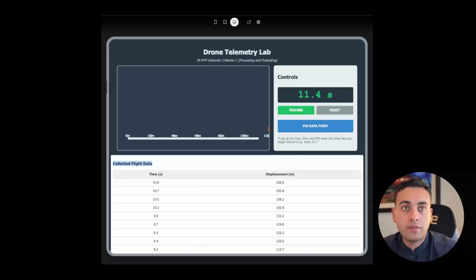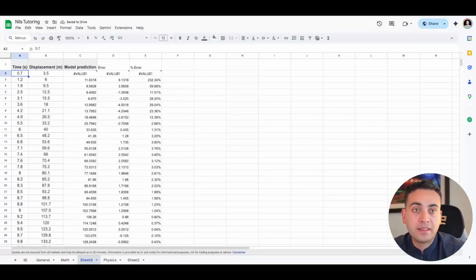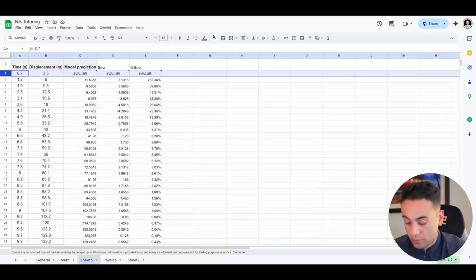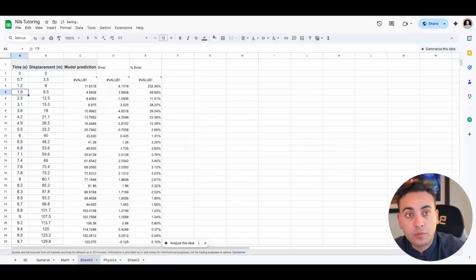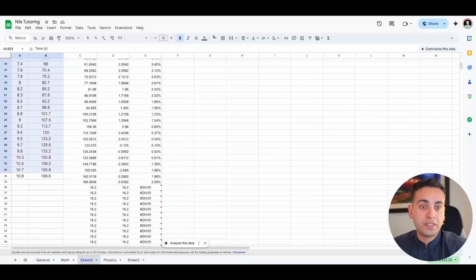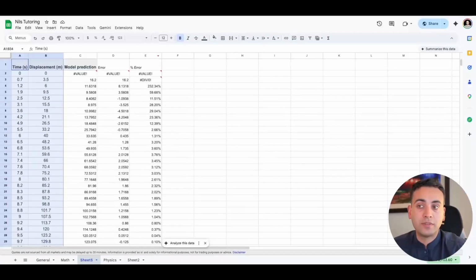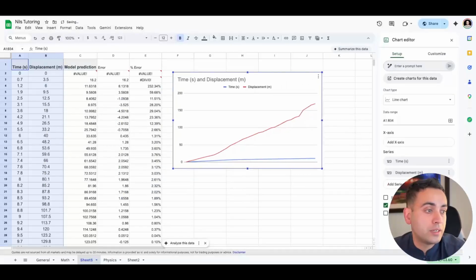Okay, so if I take this data to Sheets and I paste it here like this, at 0.7 seconds, there's one data point missing, so I should add it. At 0 seconds, we know that the object was at the 0 meter mark, right? Okay. Now we will take this data range. I'll talk about the rest of these columns later. And we will insert a chart and bring it here.